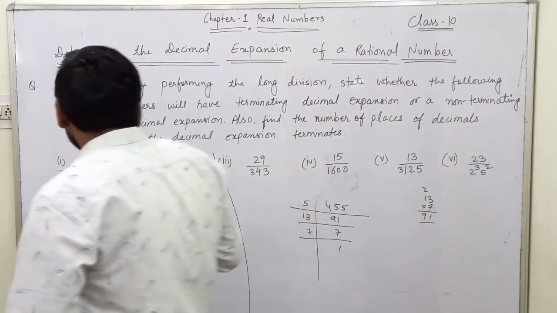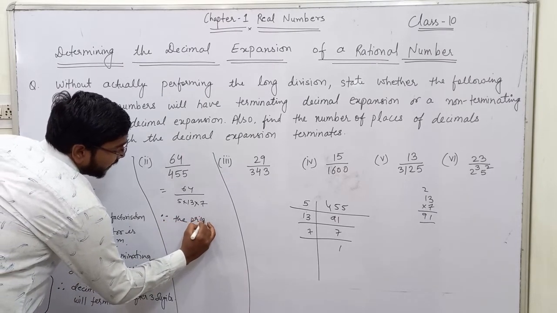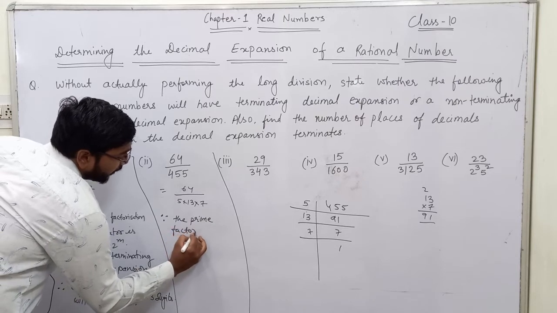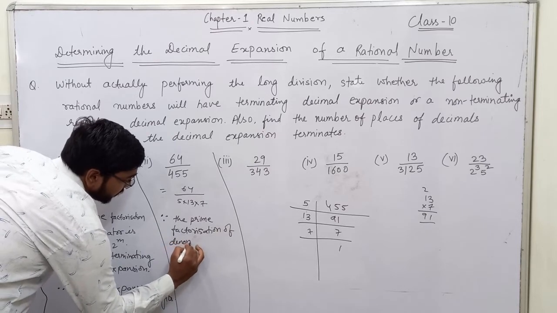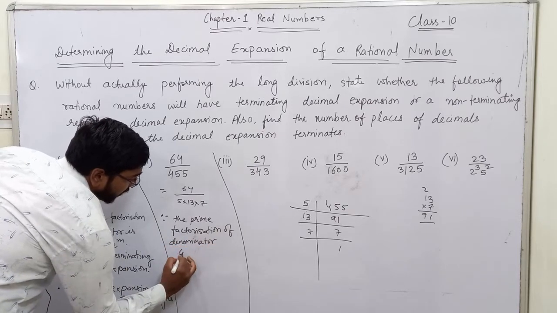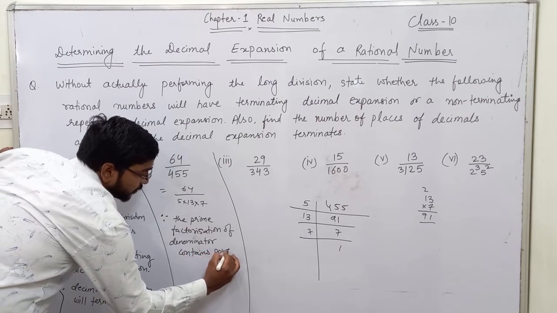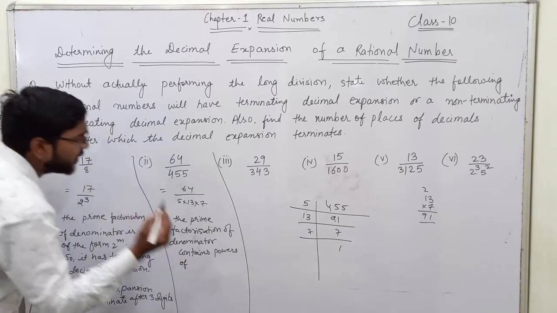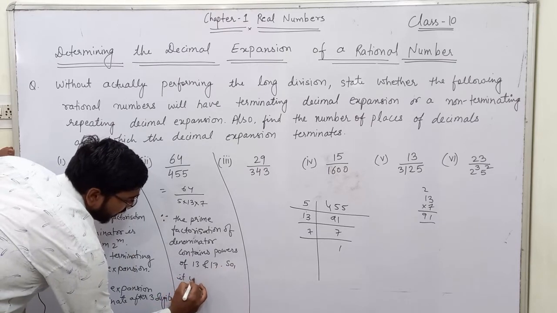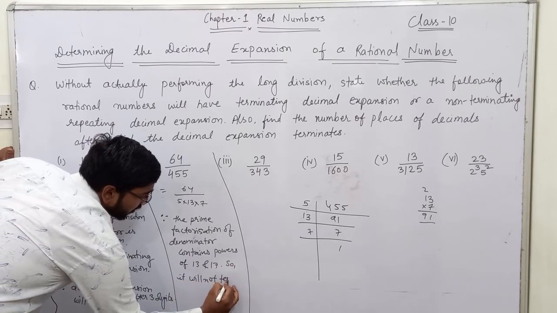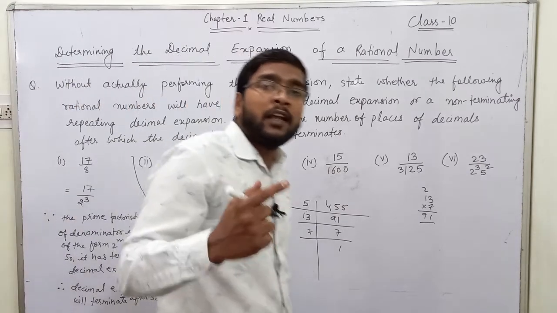So we will write, since the prime factorization of the denominator contains 13 and 7, it will not terminate. The decimal expansion will be non-terminating, non-recurring.